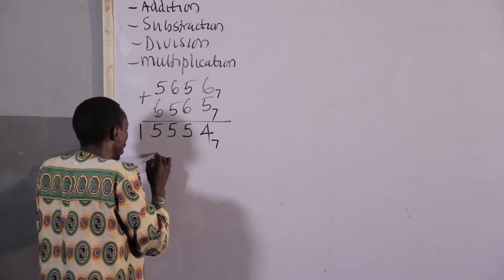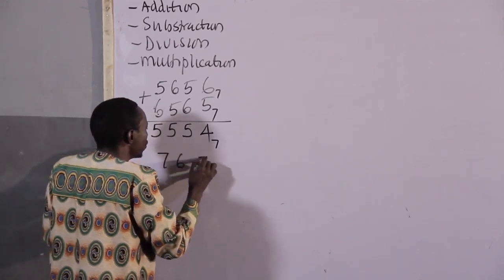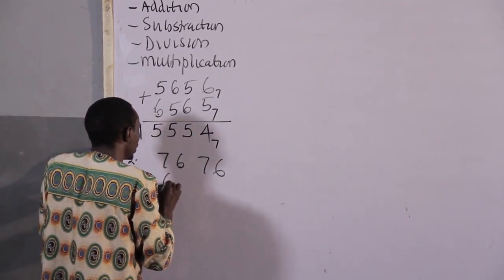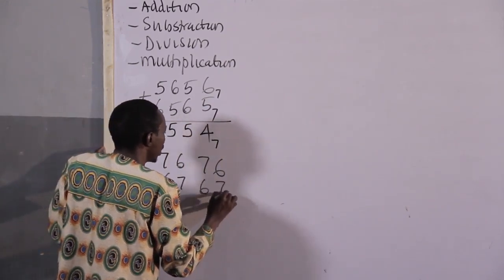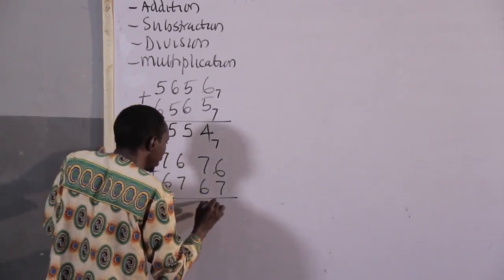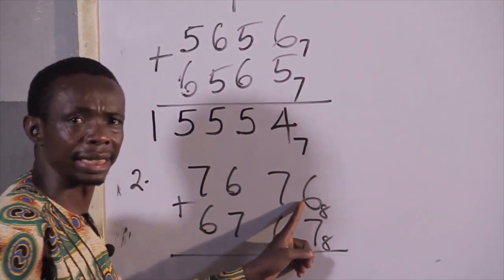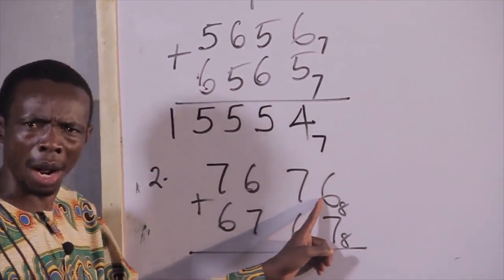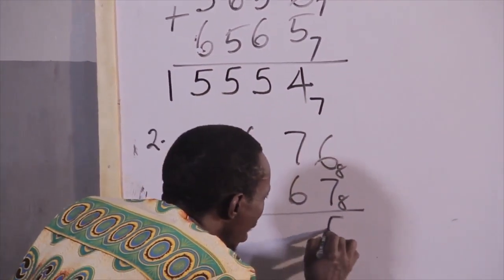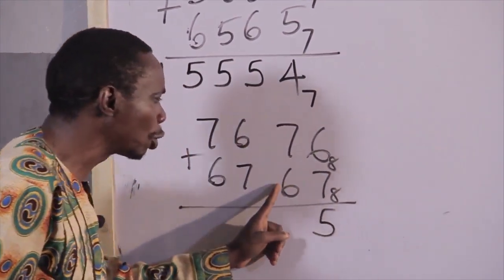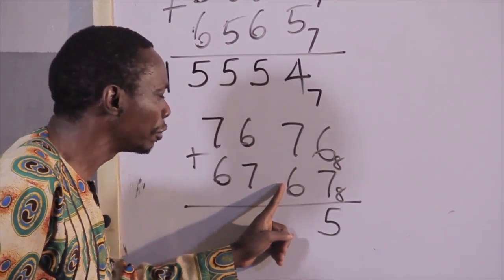For better explanation, I also add 7676, another example, example 2, to 6767. I want to do the addition in base 8. 7 plus 6 is 13. 8 in 13, 1. I write the remainder 5. I carry the 1. 7 plus 6 is 13 plus the 1 I carry, 14. 8 in 14, 1.